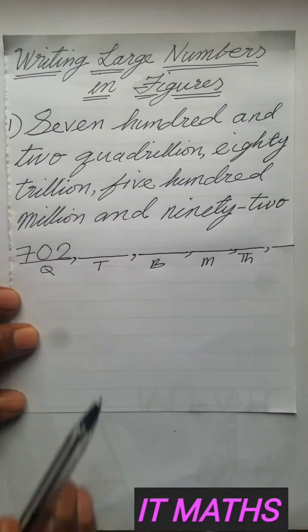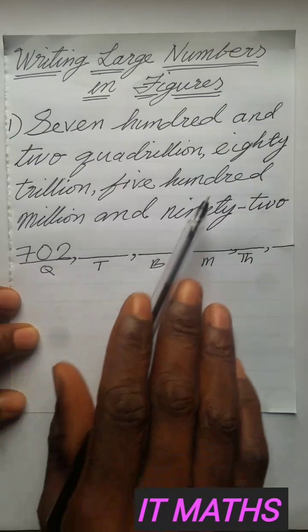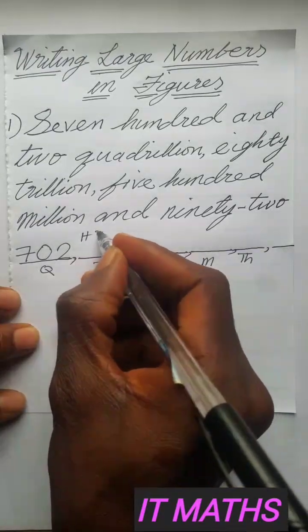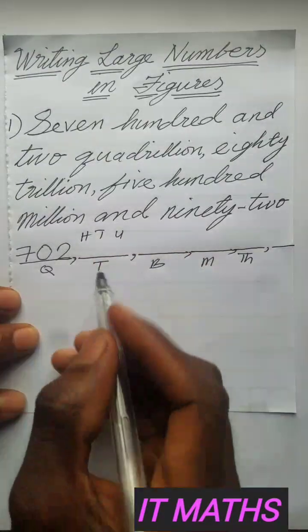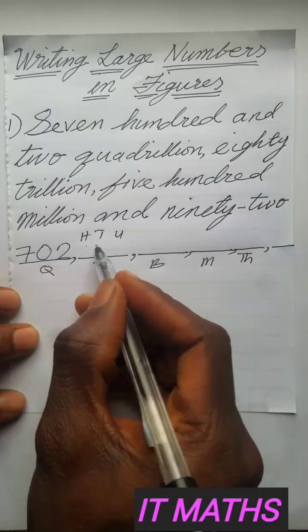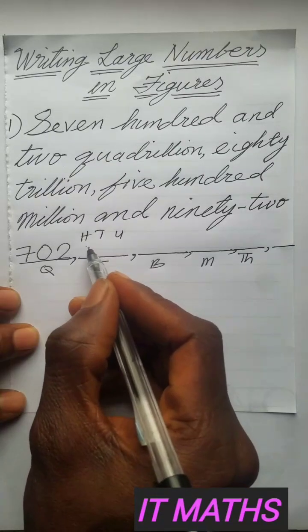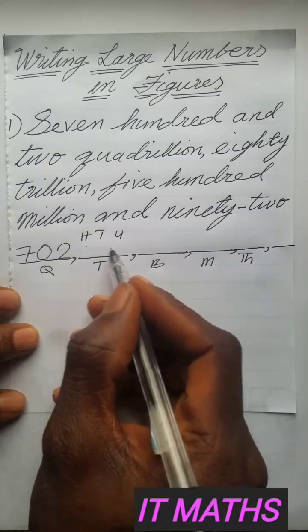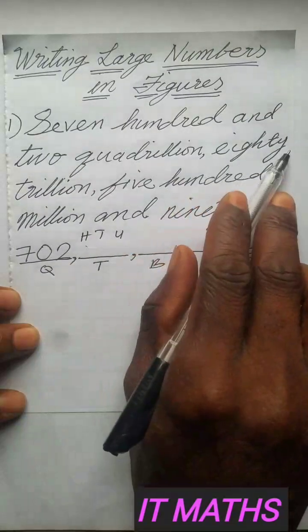So we have the next family, the trillion. It says 80 trillion. Okay, this is 100, tens and units. How do I write 80? If I put my 80 here, I will be wrong, because I'll be assigning 8 to 100, and that will make me write 800, and that is not what we have here. We have 80.